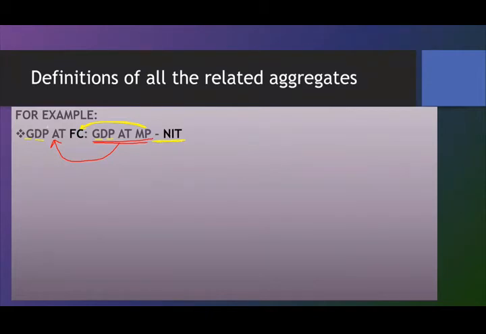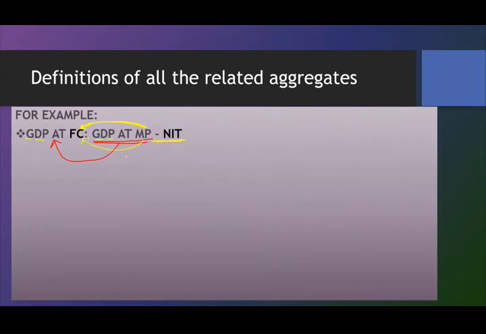What all things are we seeing here for converting to GDP at FC? This GDP at MP you have with you, consider it as the base. What uncommon things are there? G and G are common in both related aggregates. DP and DP are common in both, but MP and FC are not common, and we have to reach from MP to FC.